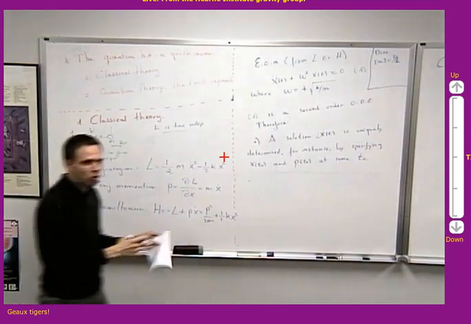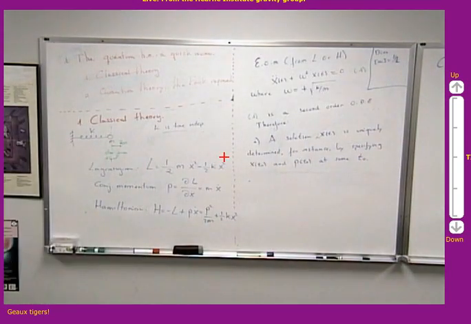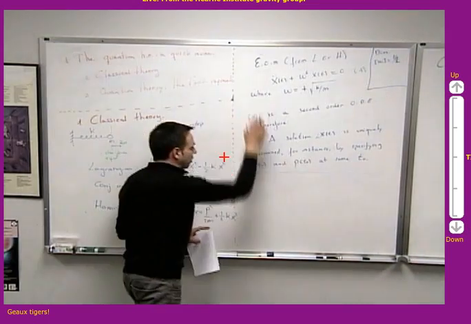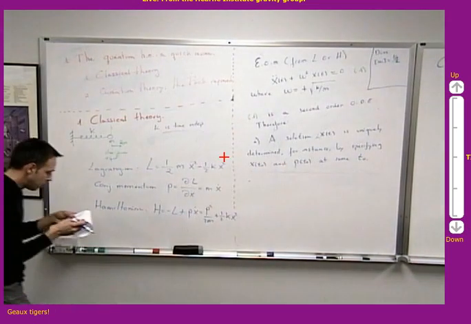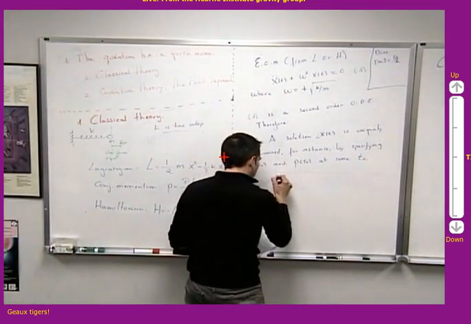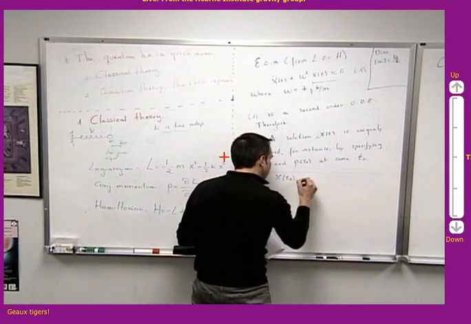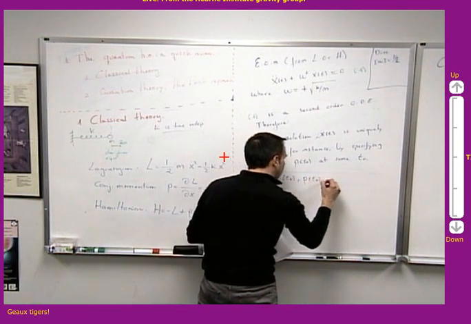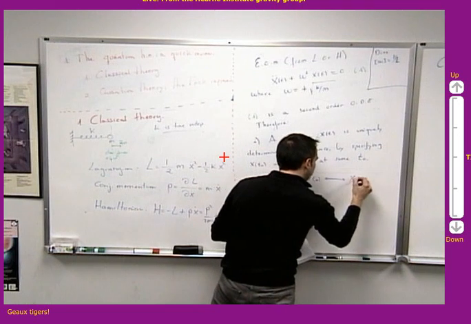So if you give me initial conditions for position and velocity, there is a unique solution, because it's a second order differential equation. So I need two initial data.